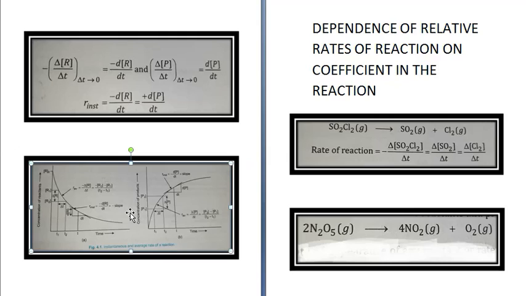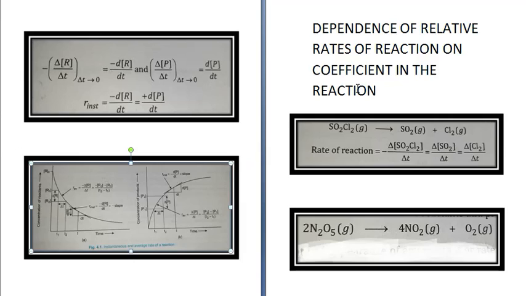Similarly, if you are calculating from products, R instantaneous will become dP upon dt, which is equal to the slope, or R average will become equal to delta P upon delta T, which is equal to P2 minus P1 upon T2 minus T1. Next we come to dependence of relative rates of reaction on coefficients in the reaction.